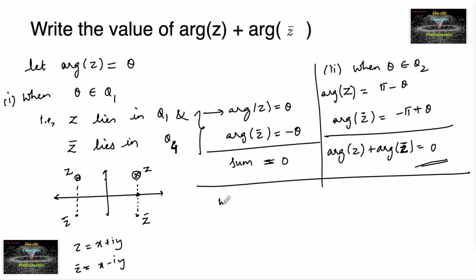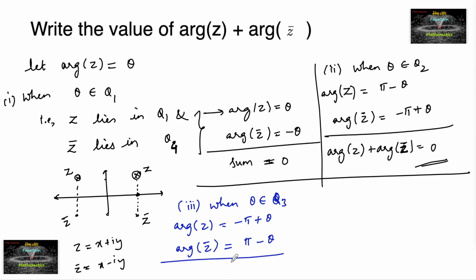Let me write that third case. When theta belongs to quadrant 3, then argument of z will be taken as minus pi plus theta, then argument of z bar, because z bar will be lying in the second quadrant, is pi minus theta, so the sum is equal to 0.